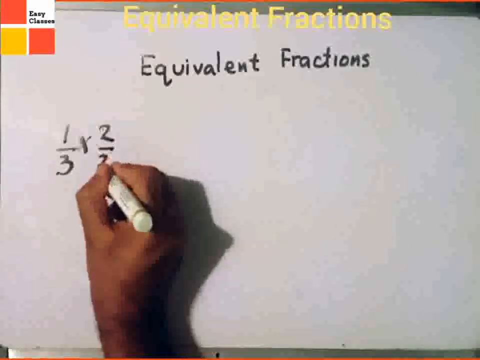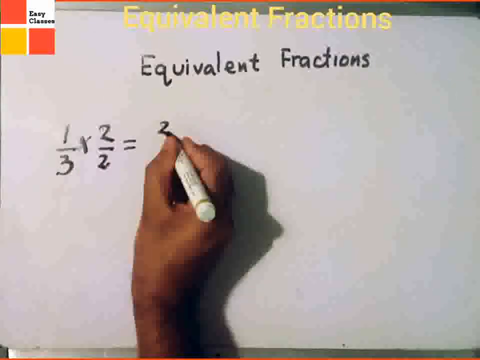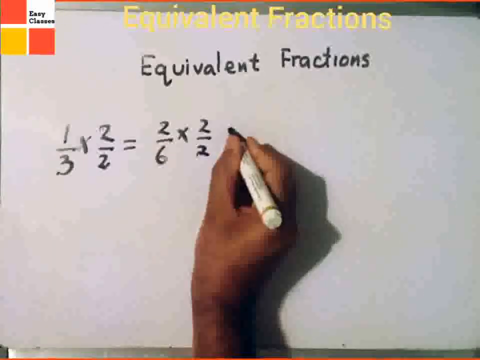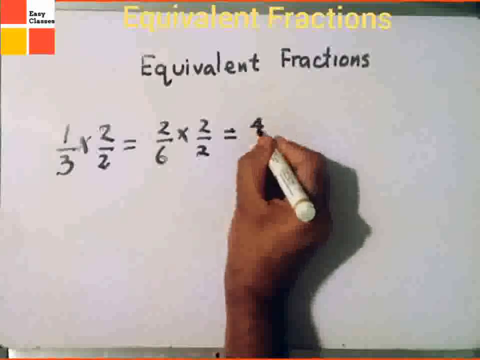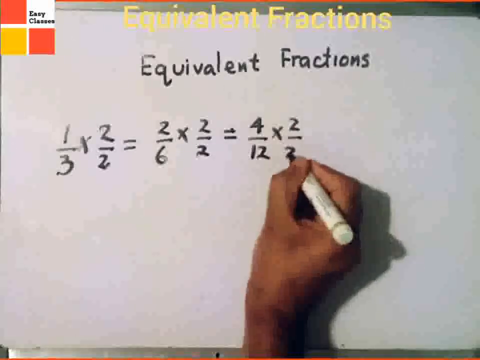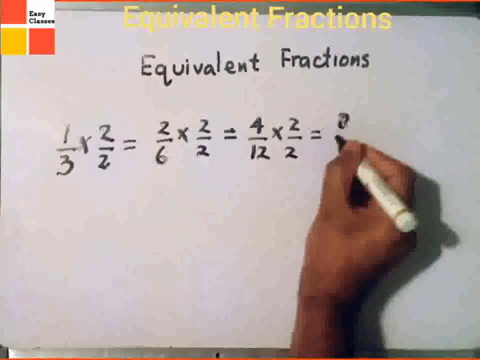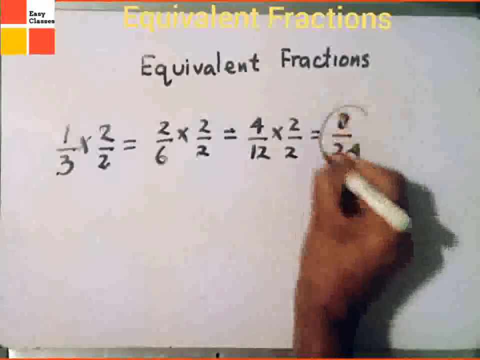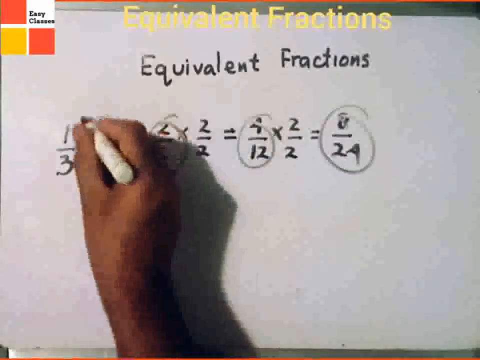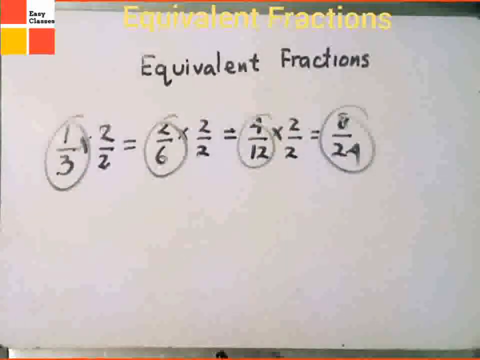With 2 by 2, we get 2 ones are 2, 2 threes are 6. Then again 2 by 2: 2 twos are 4, 6 twos are 12. Then again 2 by 2: 2 fours are 8, 24. All these are equivalent fractions.